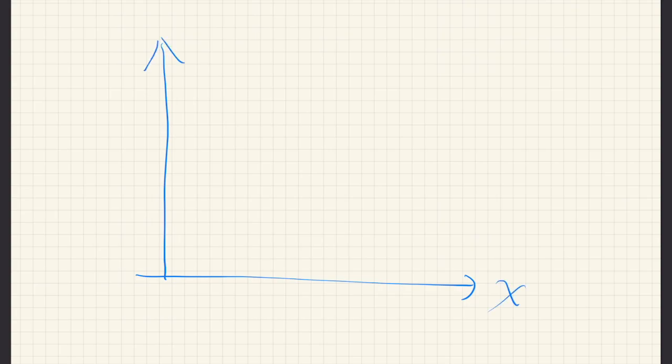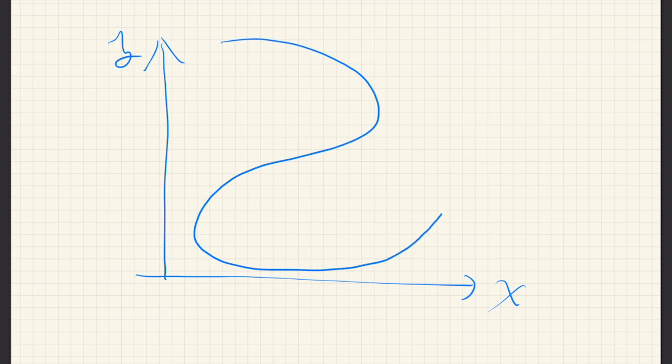Okay, let me explain what this implicit function theorem means by a simple example. Consider a function, or curve, like this. So let's see, x and y. So suppose we have a curve like this. Okay, and let's say this is point P. So in this curve, the partial derivative with respect to y is non-zero because it's not vertical, right?